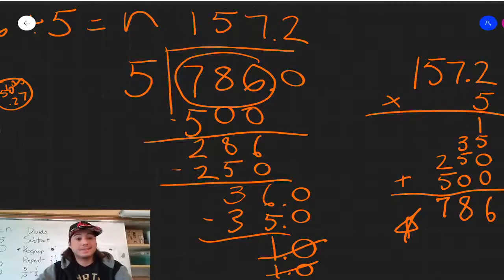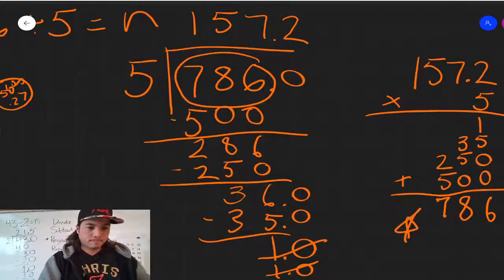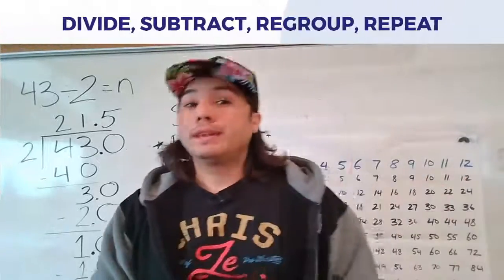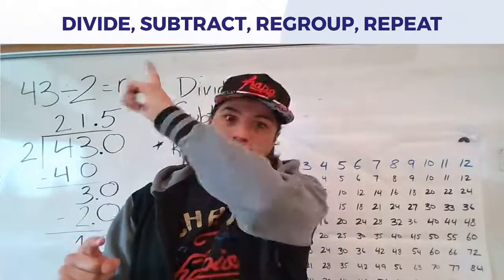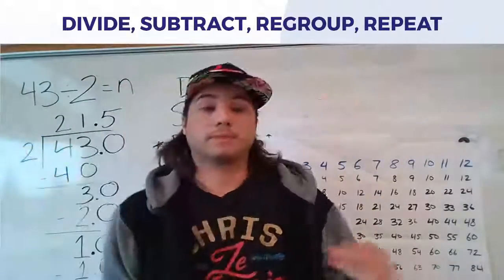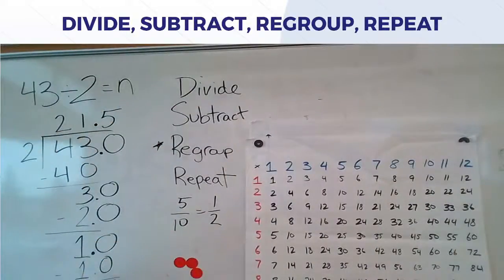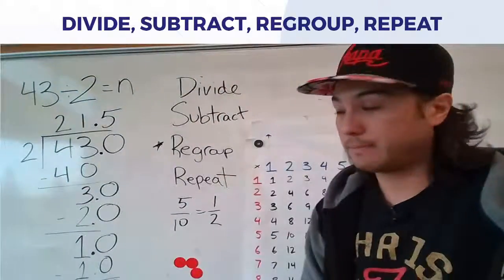Okay, so today on your exit ticket, it is of the utmost importance to really continue to follow this pattern, right? Divide, subtract, regroup, repeat, okay? If you get to the ones place and you still have value remaining, you divide out your ones, and if you still have value remaining, add your decimal point, add a 0 in the tenths place to convert that into a group of tenths, right?